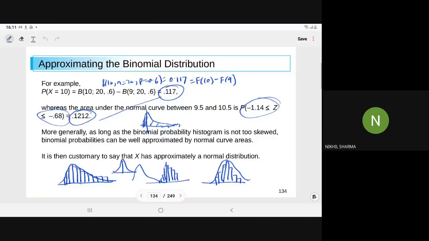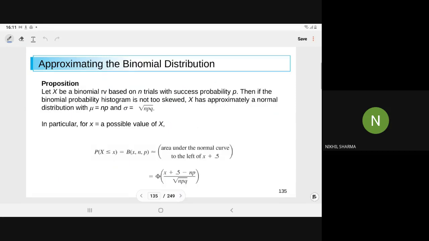For approximating the binomial distribution through the normal, we have to approximate by adding the half unit correction. So when we say x follows the binomial distribution with parameters n comma p, we have E(X) = np = mu and variance of X = npq = sigma square.